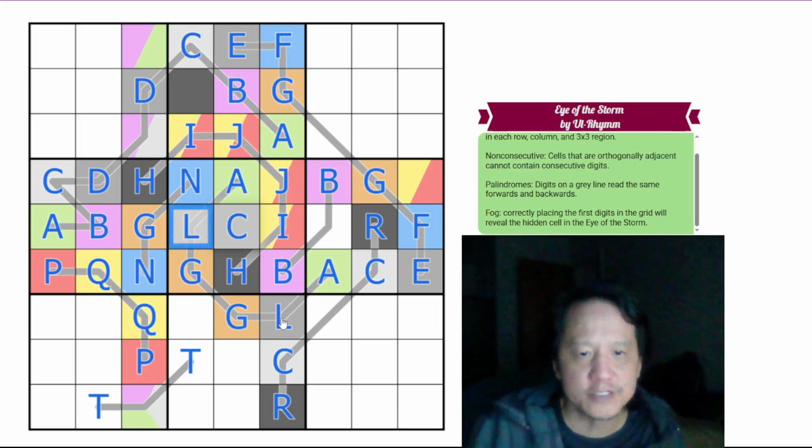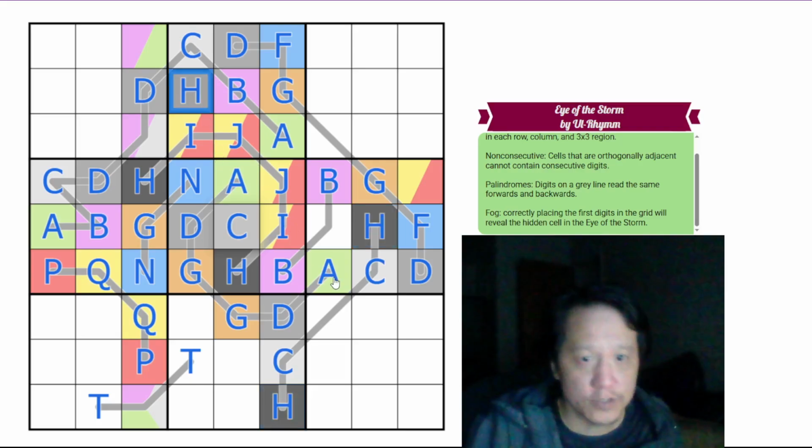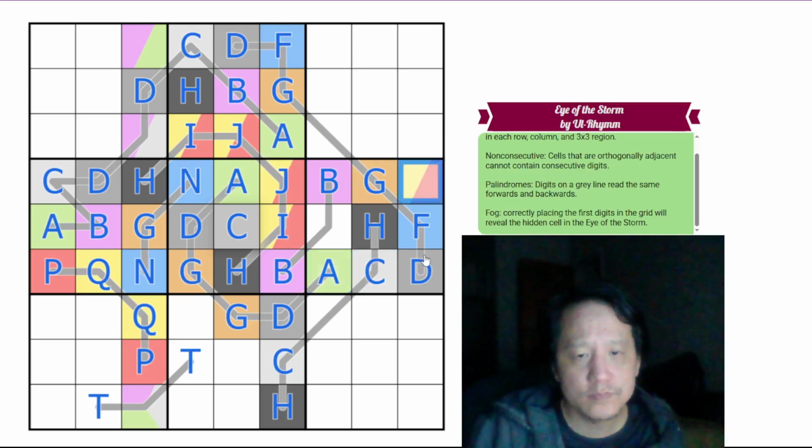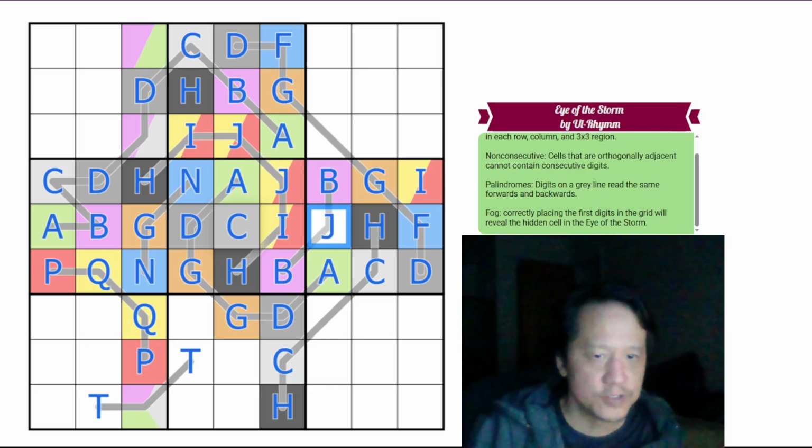And L then matches E, which matches D. So these are all D. J is here, which forces this to be I. So R matches H. And this is H also. I and J are here, so this must be I, because it cannot be J. Therefore, this is J here, and is red or yellow.